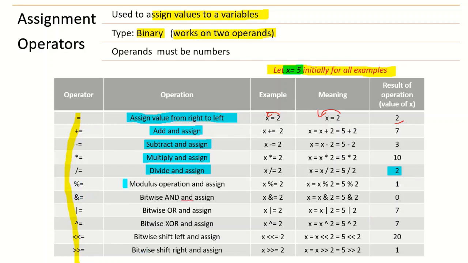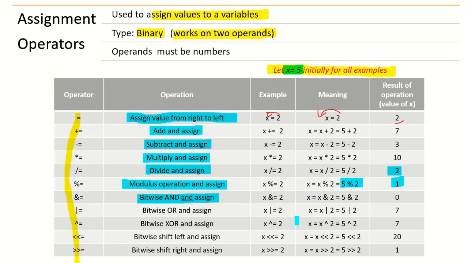Percentage equal to, which is modulus operation and assign. X percentage equal to 2 means x is equal to x percentage 2. That is 5 percentage 2 will be assigned to x. 5 percentage 2 is the modulus, the remainder after division is 1. And equal to, that is bitwise AND operation and assign.